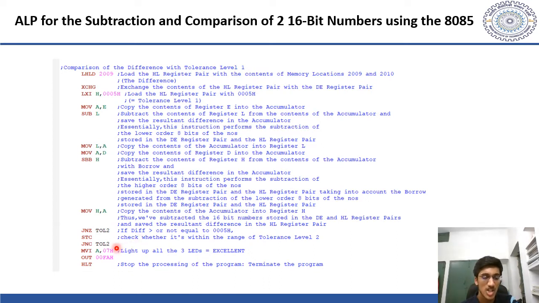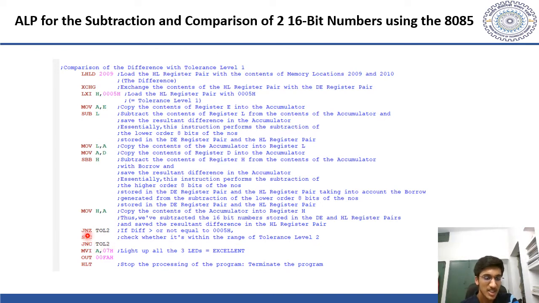Consequently, when we have checked for this particular 0 flag and found that it has been set, since 0 flags and carry flags are separately set or reset and are not set or reset simultaneously, it is necessary to set the carry flag so as to avoid any possible checking of the tolerance level 2.